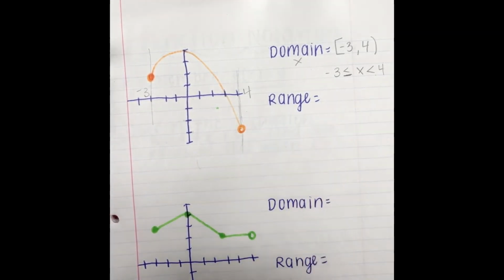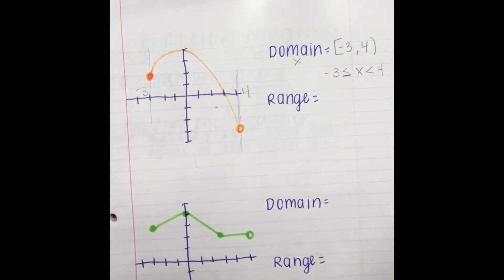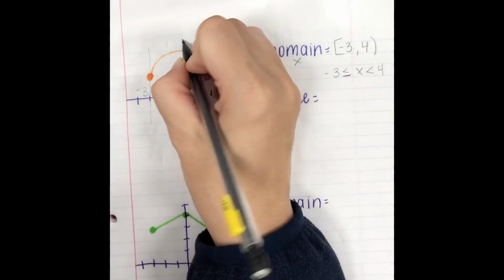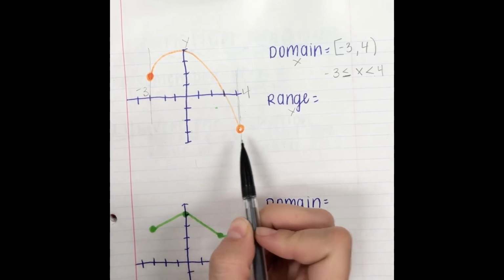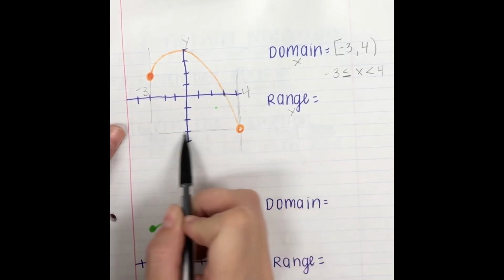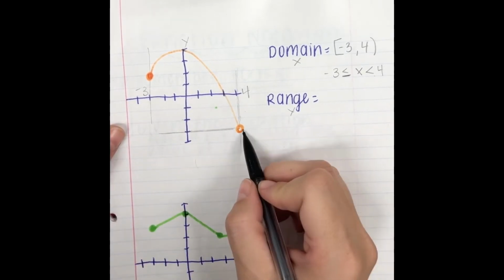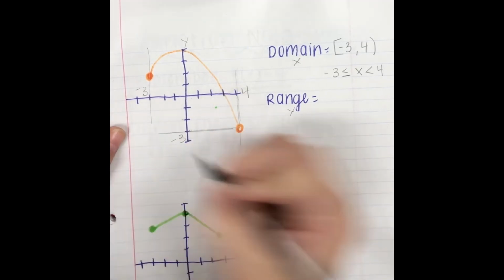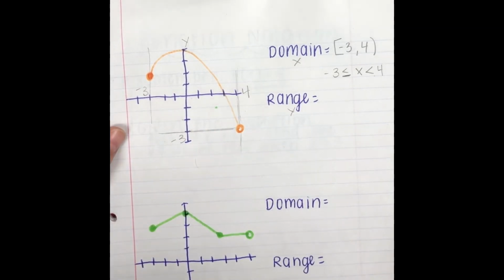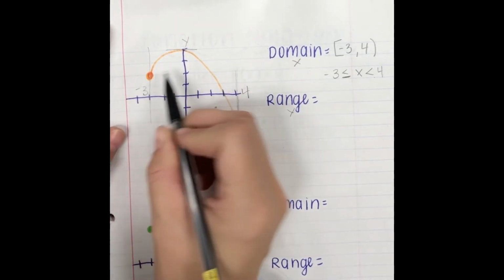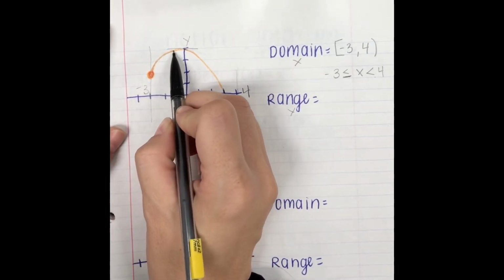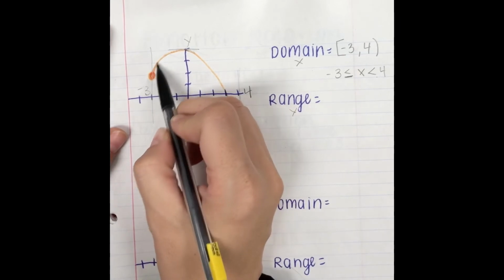Okay? Range, we're going to do our y-axis. So the lowest, always smallest to largest, the smallest value we have would be right here at -3 on my y-axis. And then the greatest up, we have a point. You're not stopping where you see a circle. Everything on this line is a point.